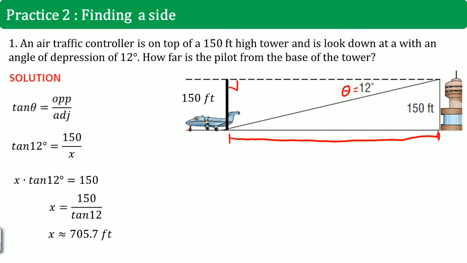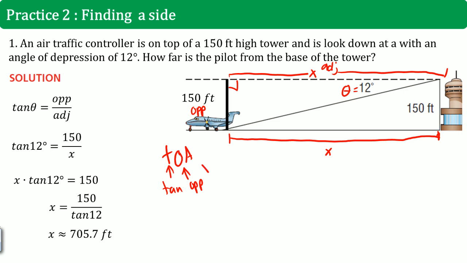So you're trying to basically find the x, which is also this. So what you have here is your 150 is your opposite, and your adjacent is your x here. So you're going to end up using your TOA because this is for tan, O is for your opposite, and A is your adjacent.